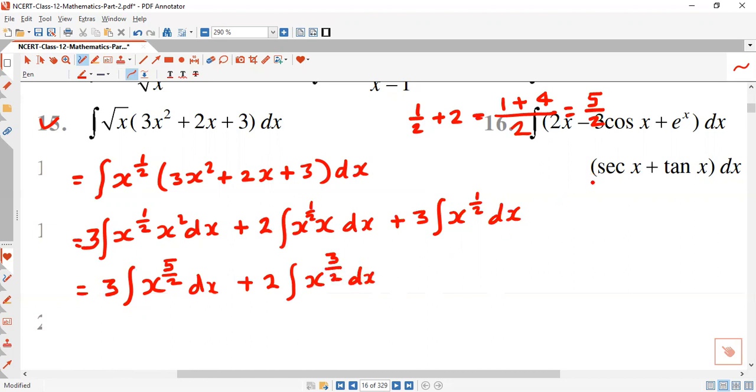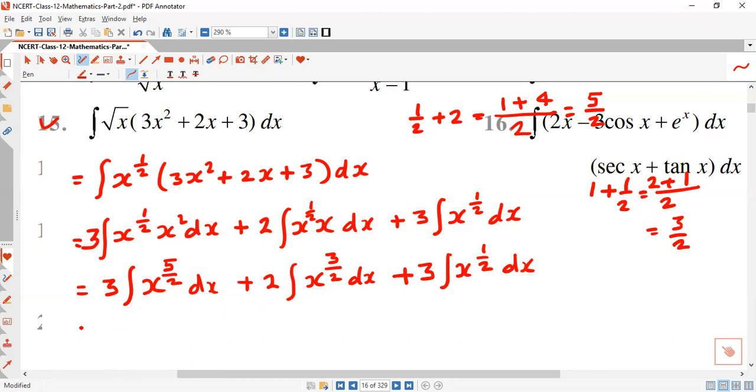You know this one: 1 plus half, taking 2 as LCM, 2 plus 1 comes out 3 by 2. Plus 3 times the integration of x raised to half dx.